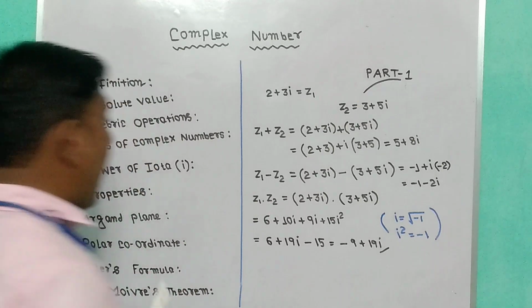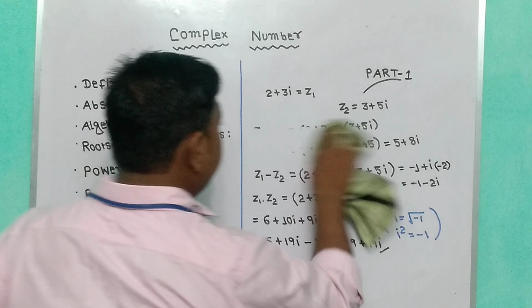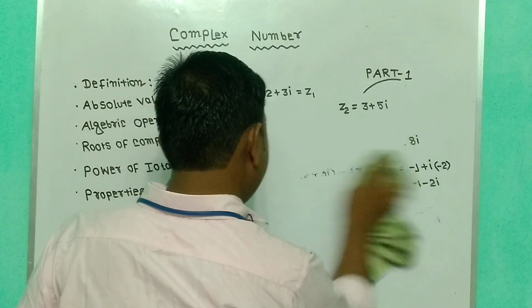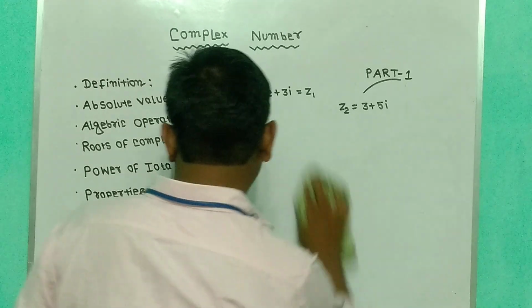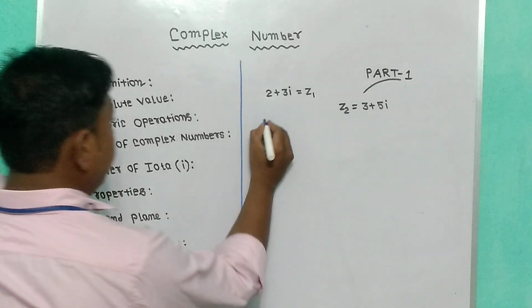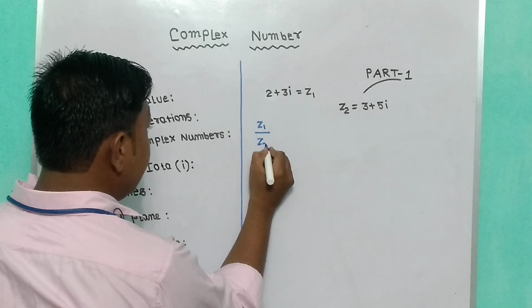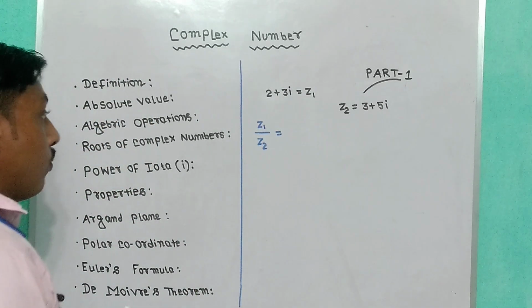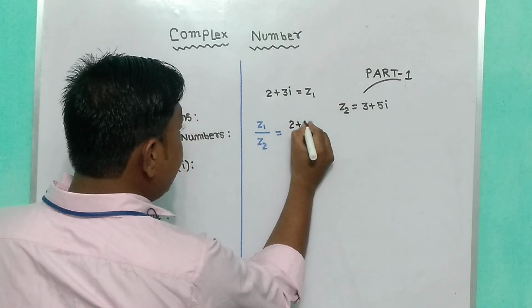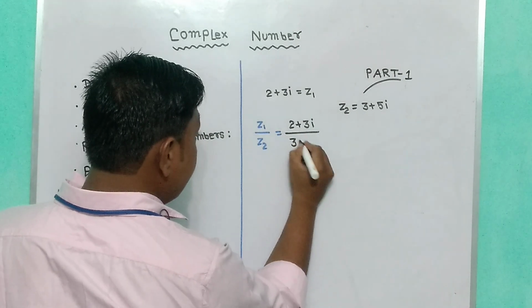Okay, now I will discuss one more operation, that is division. See, z1 divided by z2, that means we can write 2 plus 3i divided by 3 plus 5i.